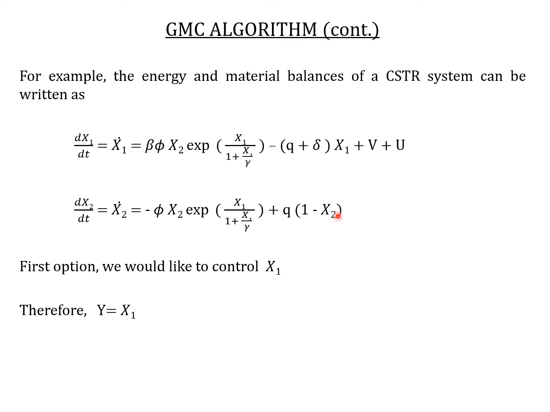First option, we would like to control x1, which is the temperature in this case. That means our y is equal to x1. This is the controlled variable, and this is the one that we are interested in to achieve the set point and so on. So if we follow through, we would like to implement the GMC method for this sort of system.